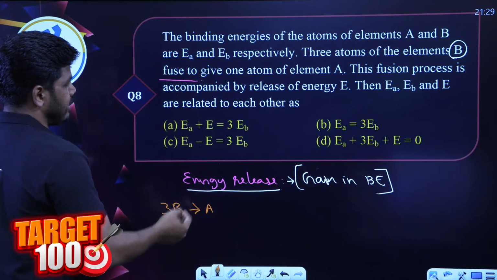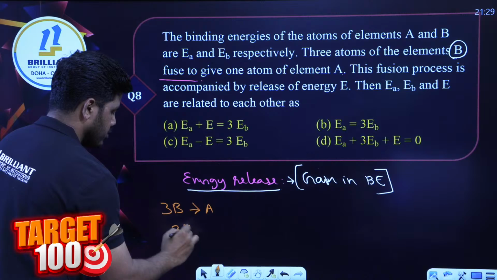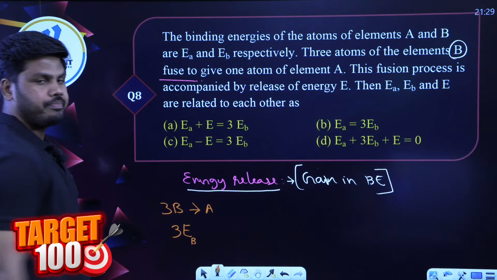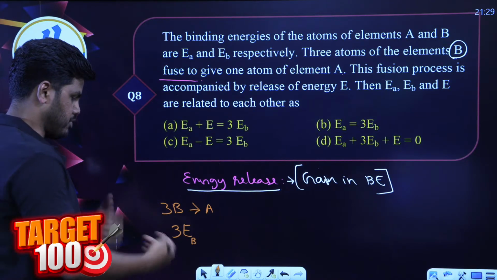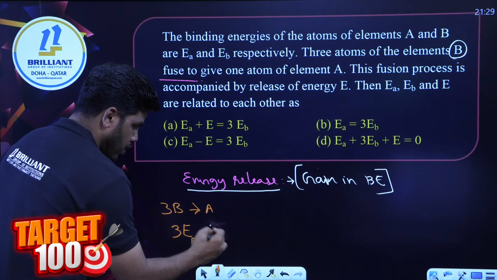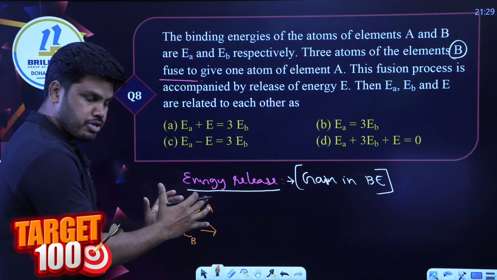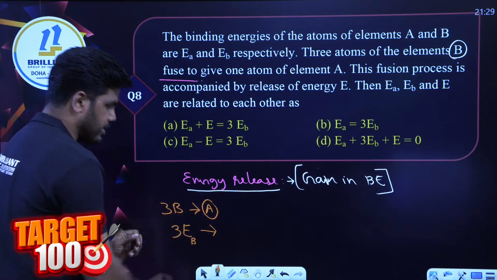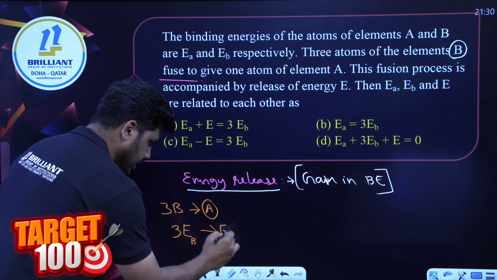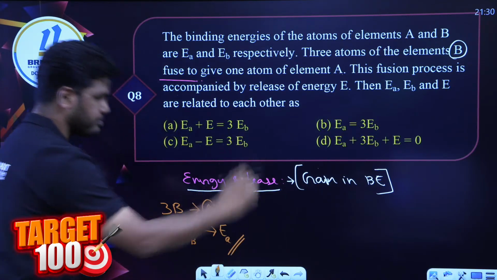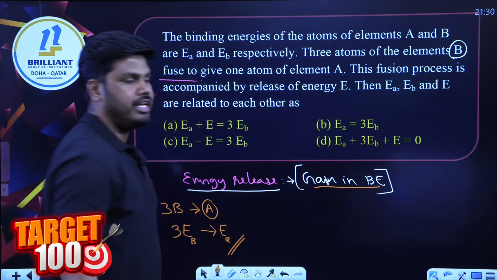Now, the binding energy of B is given. It is EB. So we can say 3EB is the binding energy before fusing. And what is the final binding energy? As a result of the fusion process, the product produced here is element A, so its binding energy is EA. We know energy released is always the gain in binding energy.